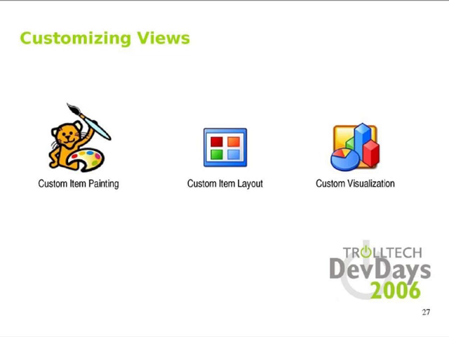Now, if we're not really interested in painting individual items, but we're interested in doing different layouts, then we want to re-implement a view. We want to create our own view. And finally, if just a different layout is not sufficient, we want to do something completely, radically different with our data. We want to do custom visualization.